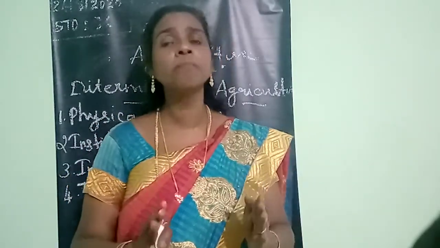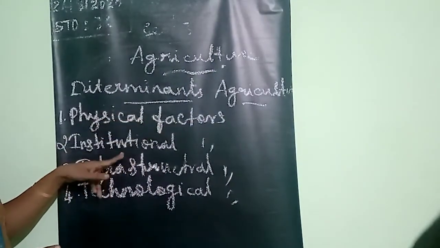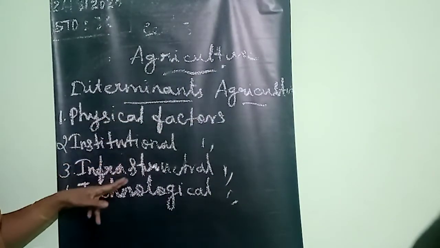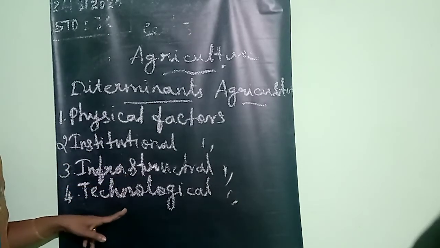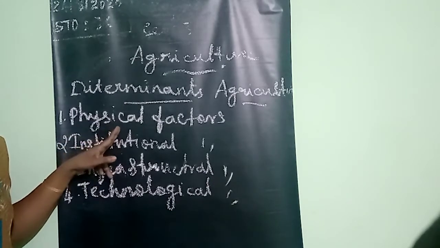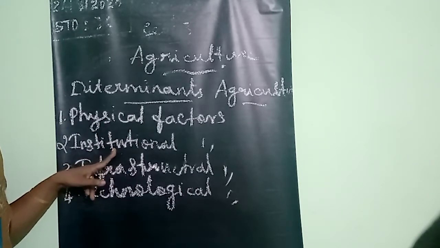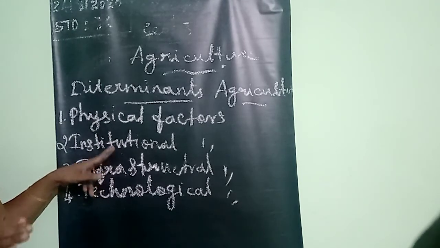What are the four factors that determine agriculture? The first one is physical factors, second one is institutional factors, third one is infrastructural factors, fourth one is technological factors. Physical factors means relief, climate, soil. Institutional factors are farm holding, land tenure and land reforms.